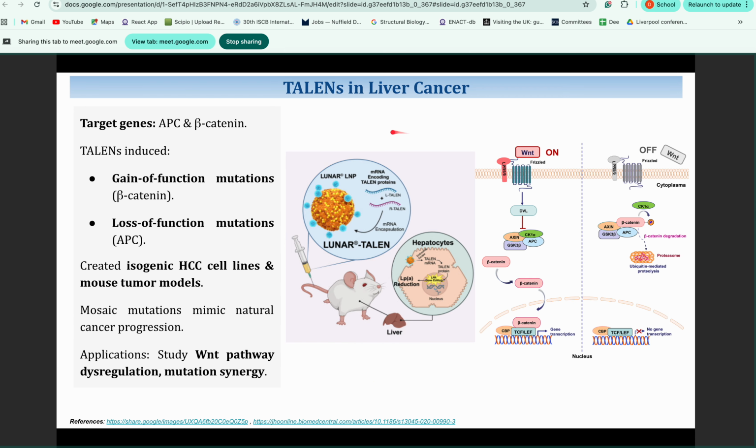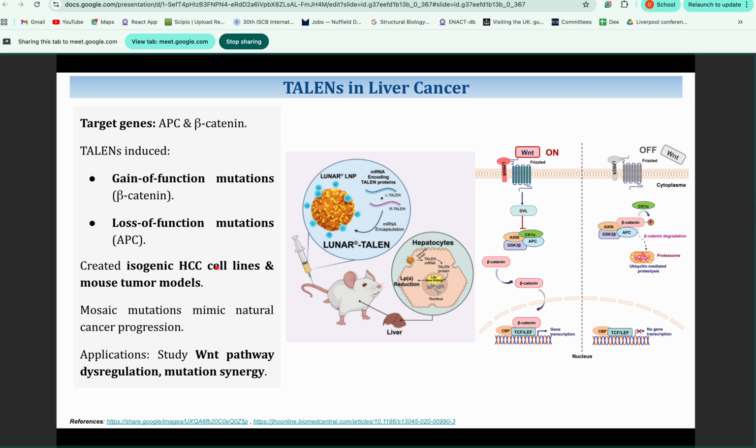Okay, now we'll see how we can use TALENs in liver cancer. The target genes are APC and beta-catenin. TALENs induced gain of function mutations in beta-catenin and loss of function mutations in APC. So it created isogenic HCC cell lines and mouse tumor models.